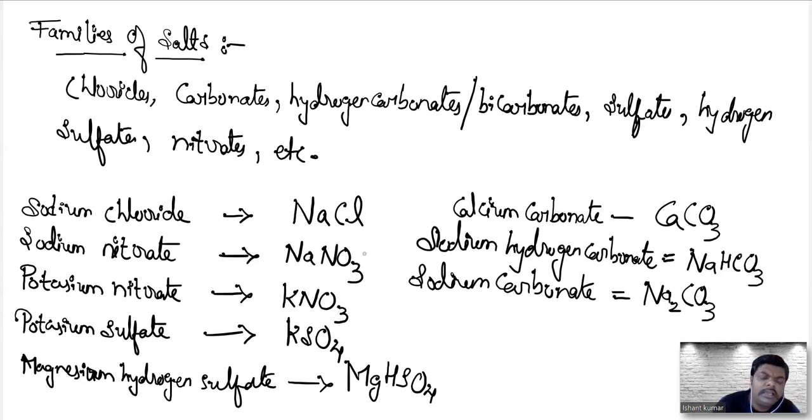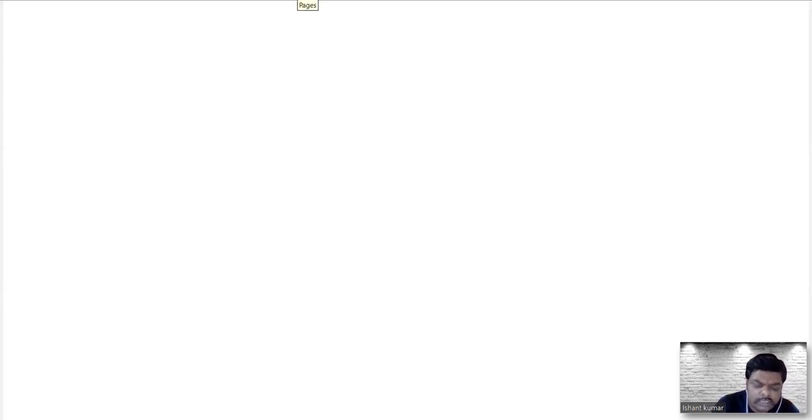Now let's move on and see some of the important salts, what different applications they have, and the products we use in our daily life which are made from these salts. One of the important salts which has very good significance in our daily life is common salt.